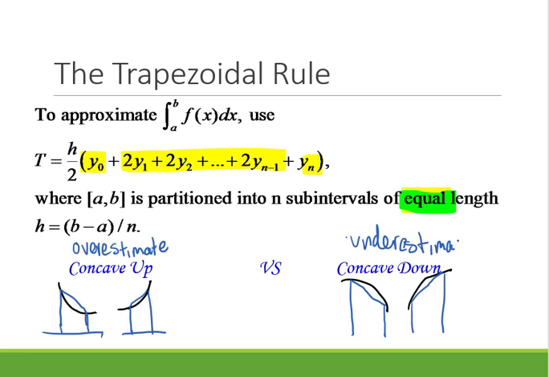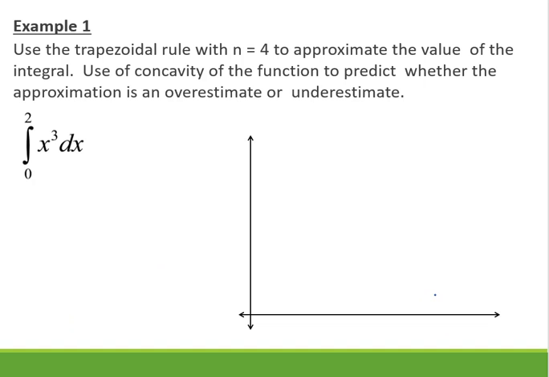Okay, so let's do an example. So in this example, we have the curve y equals x cubed. I'm going to try and get some points on here. And I'm going from 0 to 2. And I have n equals 4 rectangles. I'm sorry, not rectangles, trapezoids.